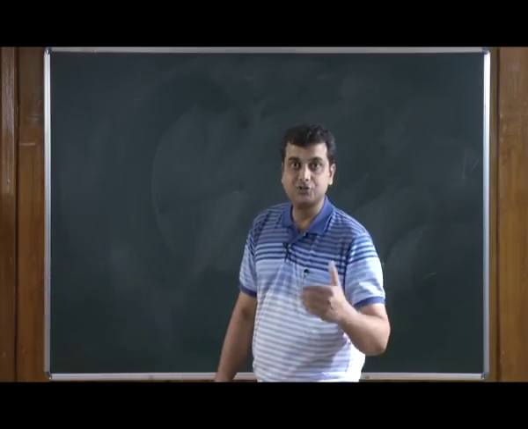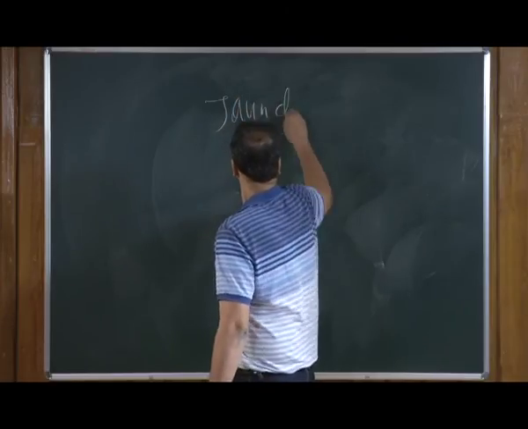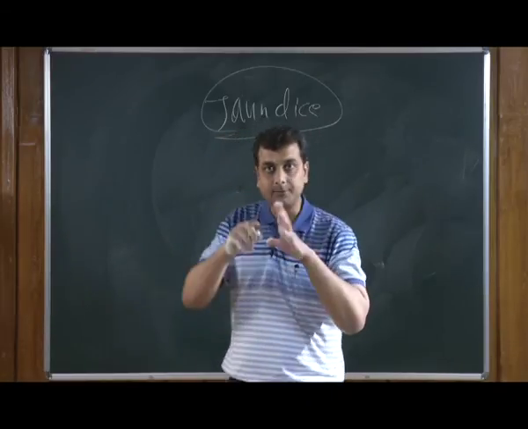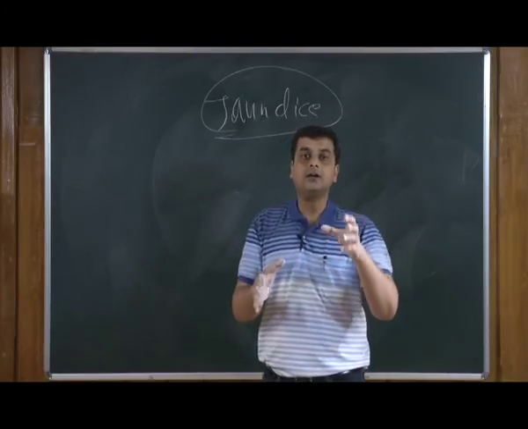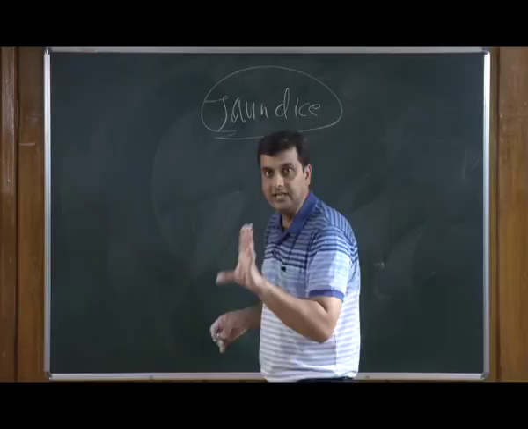The first option is jaundice. Jaundice is nothing but the yellowing of the whole body. The body looks yellowish in color because of the accumulation of a pigment which is called bilirubin.